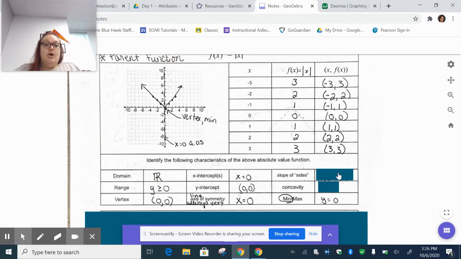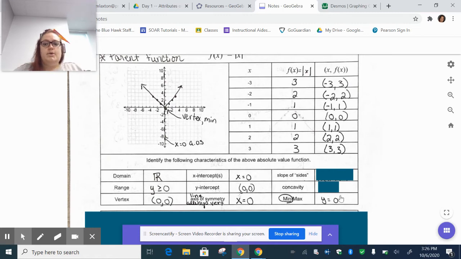Now, the slope of the sides. We say sides because it's not a technical term, but it's each side, right? So if we look at the left-hand side, we're going down 1 over 1, down 1 over 1. So that slope is -1. Then on the right-hand side, we're going up 1 over 1, up 1 over 1.